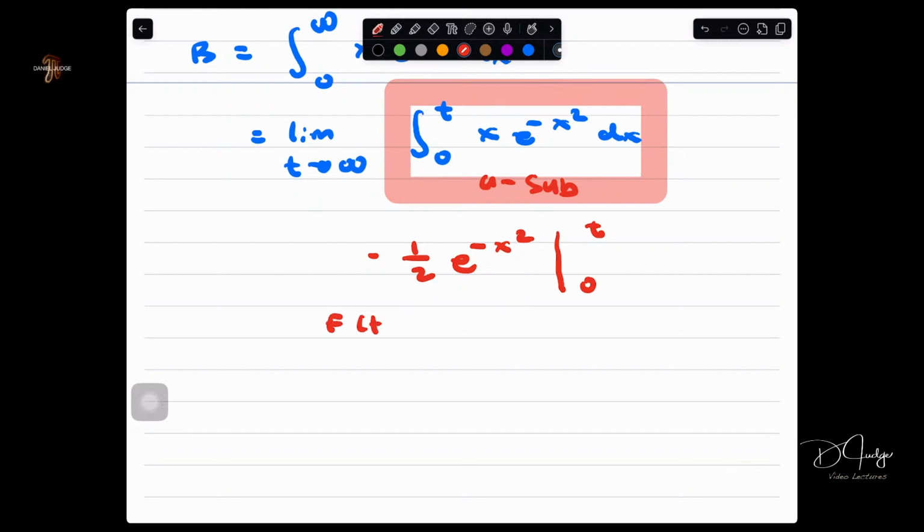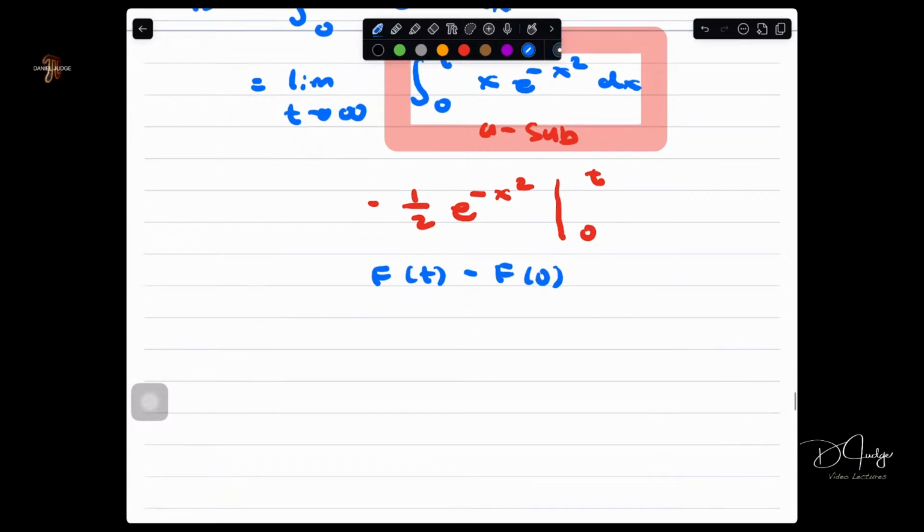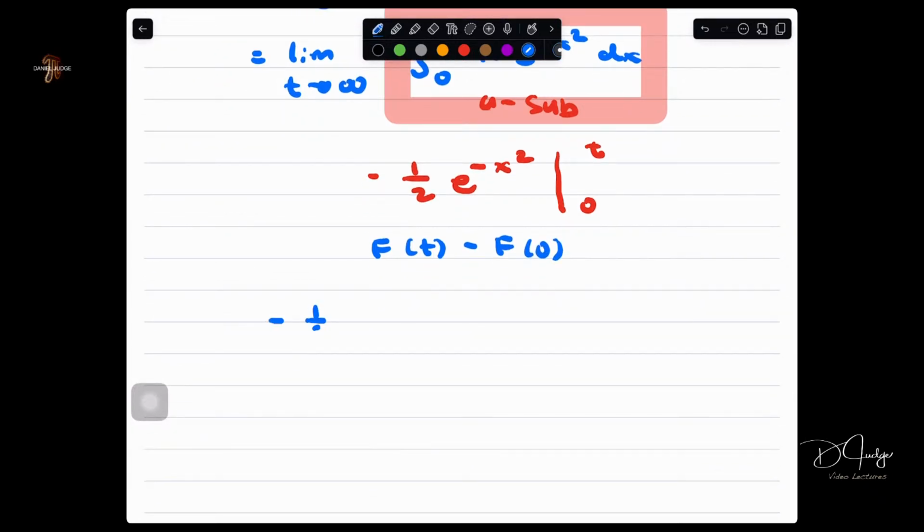So we need F of t minus F of 0 here. And I'll use blue. F of t minus F of 0. Negative 1/2 e to the minus, now that will be t squared, minus the negative 1/2 e to the minus 0 squared.